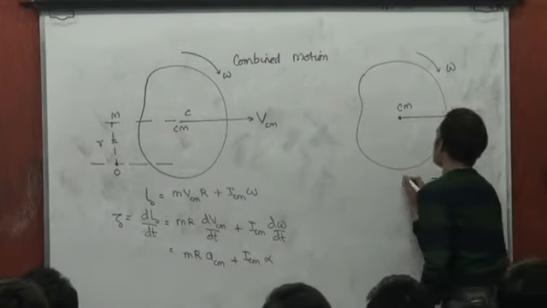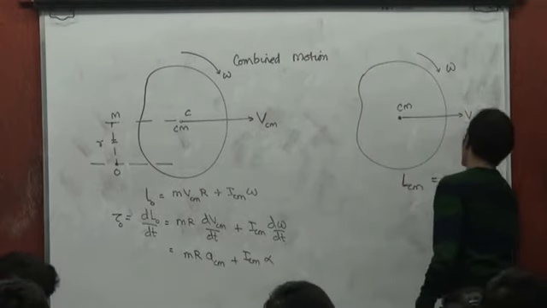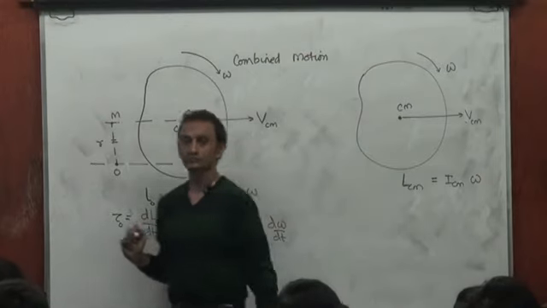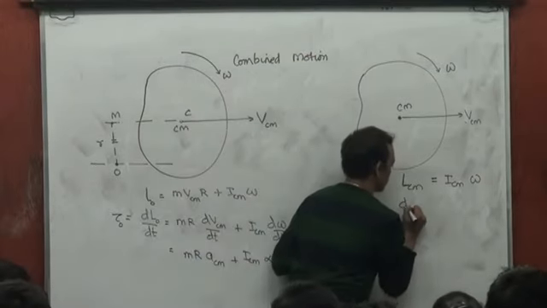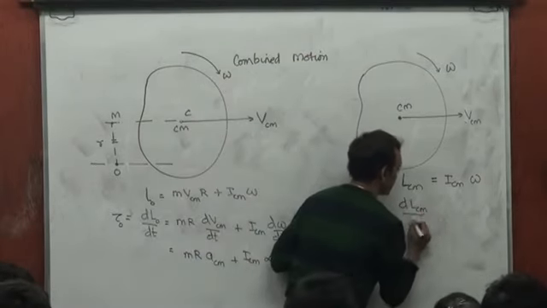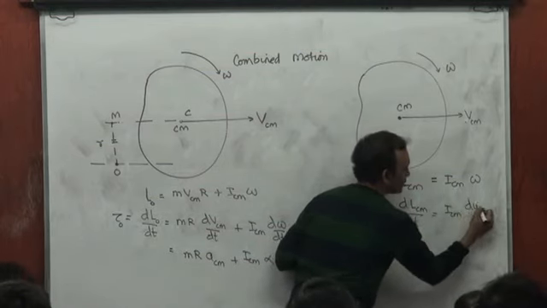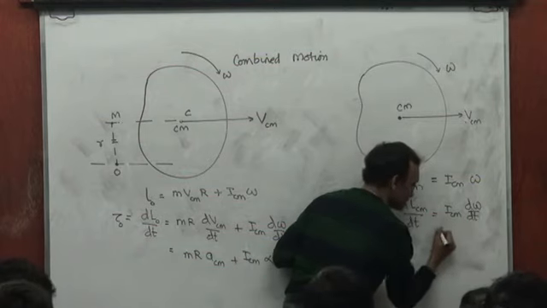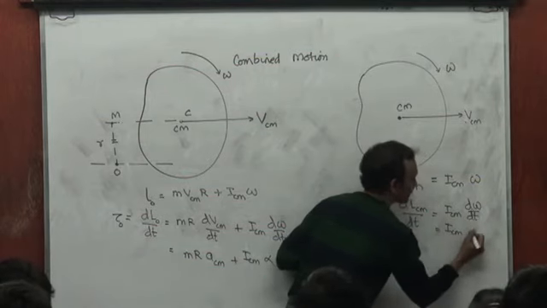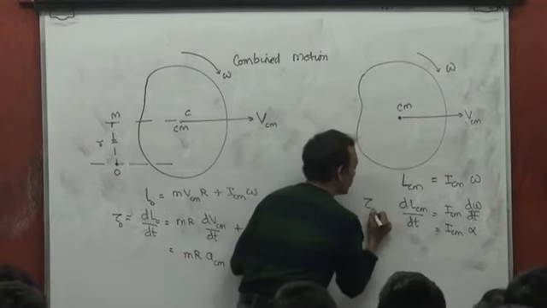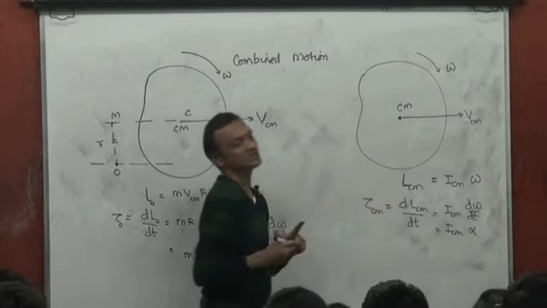Angular momentum about the center of mass is I_cm into omega. So the rate of change of angular momentum with respect to time is I_cm into d omega/dt. But d omega/dt is angular acceleration alpha. And dL_cm/dt is the torque about the center of mass.